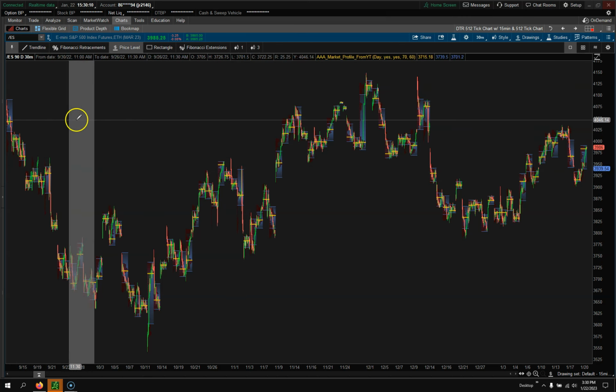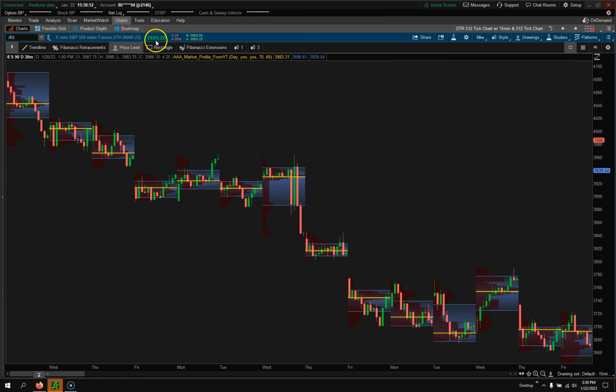So let's zoom in. All I'm going to do is grab my price level, and this is how I personally do my own homework to get levels for the following weeks, until they're essentially hit sometimes too.